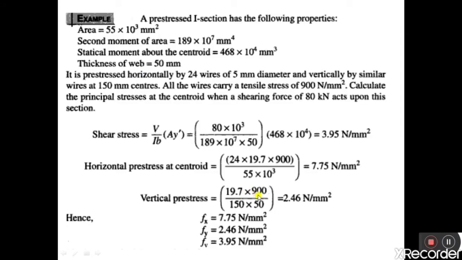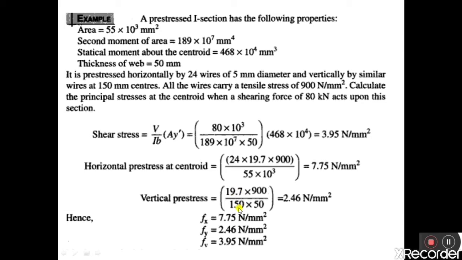In the numerator it is P into A, that is the prestress in the wires, 900 Newton per millimeter square, and the area of a single wire is 19.7, since the diameter is 5 millimeter. If I calculate the area using the equation pi d square by 4, I will get 19.7 millimeter square.